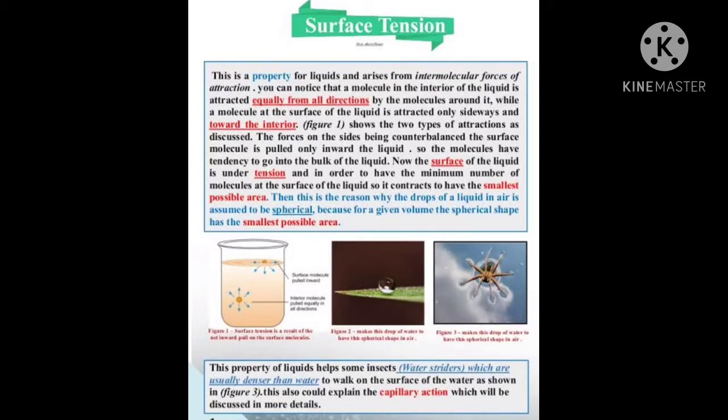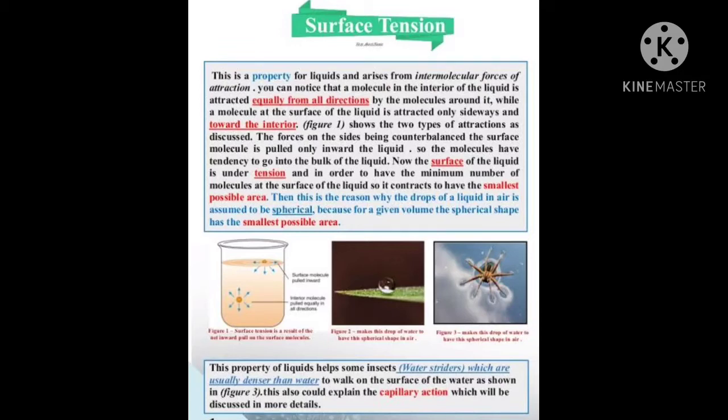Even though they possess high density as compared to water, but they can walk on water, it is due to the surface tension. This property of liquids helps some insects which are usually denser than water to walk on the surface of the water as shown in figure.